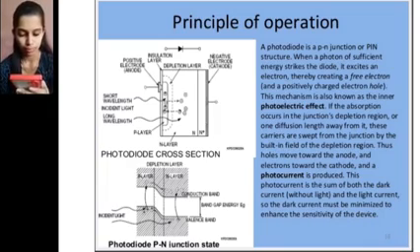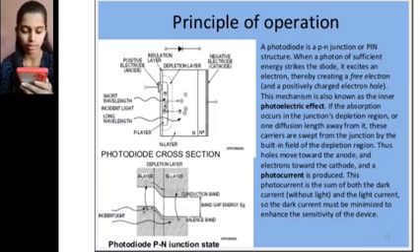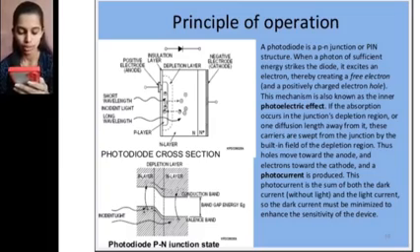If the absorption occurs in the junction's depletion region, or one diffusion length away from it, these carriers are swept from the junction by the built-in field of the depletion region.